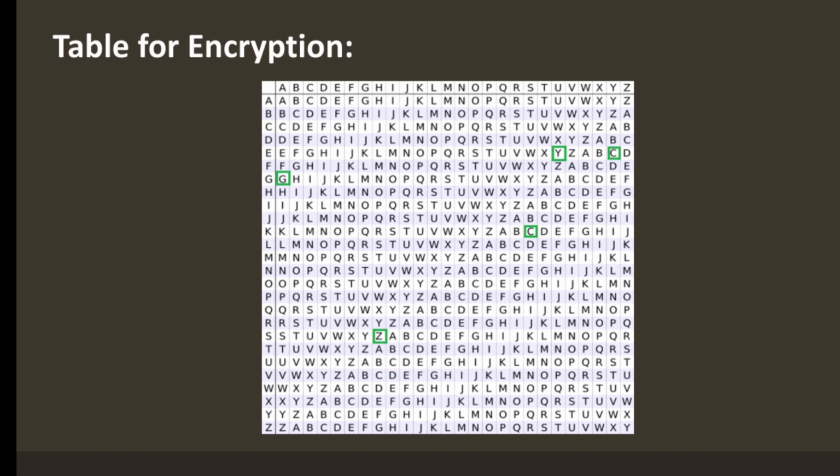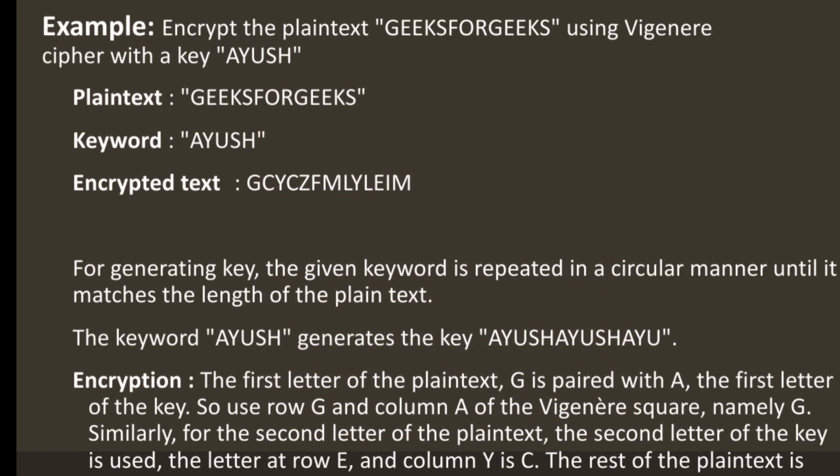This is the table which needs to be understood before we encrypt the given word using this cipher. So this is the example explained for Vigenere cipher. Encrypt the plaintext geeks for geeks using Vigenere cipher with key AYUSH. In this cipher, the key is also mentioned with plain text. So basically we have to consider both plain text and keyword given.